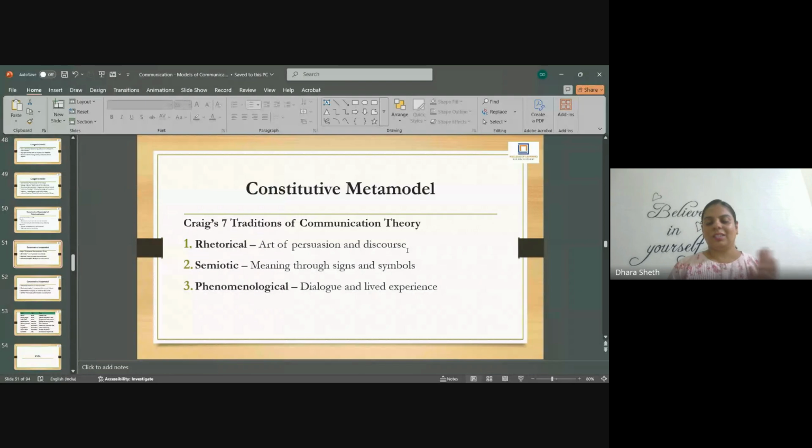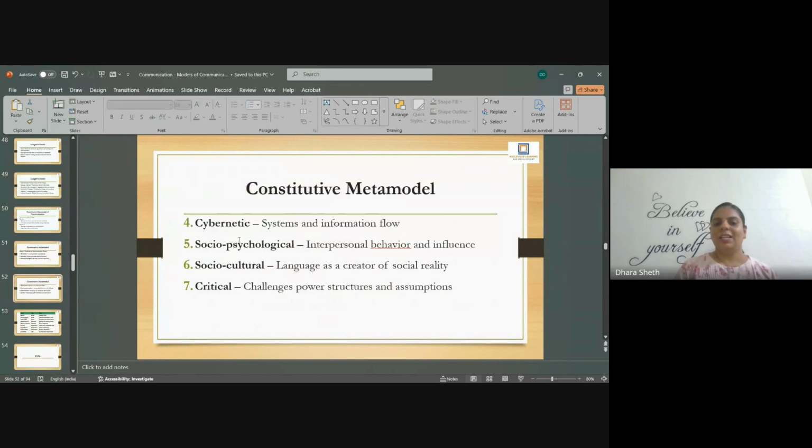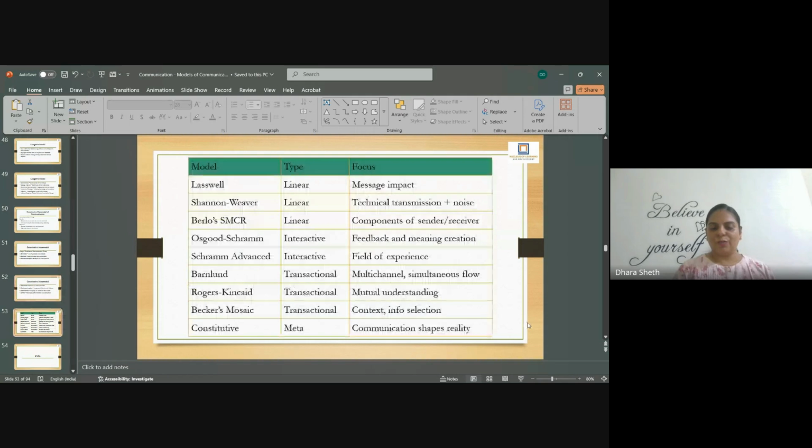So what are the functions of communication? Rhetorical, semiotic, phenomenological, cybernetic, socio-psychological, socio-cultural, and critical. These are the aspects. Now, this is a short revision of all the models that we have talked about. So you can take a screenshot of it and then we will solve the questions.